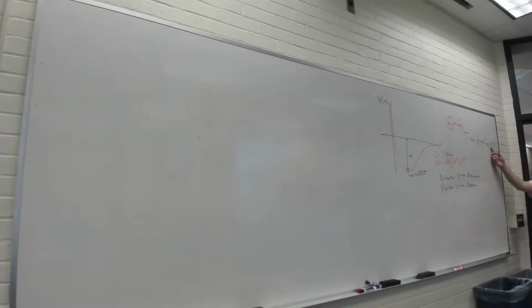There's actually a factor of 3/2 here, but we won't worry about that. We'll talk about that on the homework. The average kinetic energy of an ideal gas is 3/2 RT. Okay, so basically there's always, on average, this much kinetic energy in your atoms or molecules.